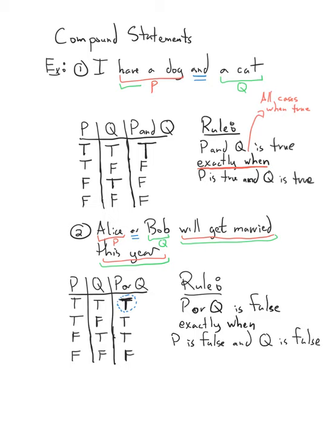So that is the compound statements for and or. We'll move on to the next bit and we'll talk about negating things. So what does the word not mean?